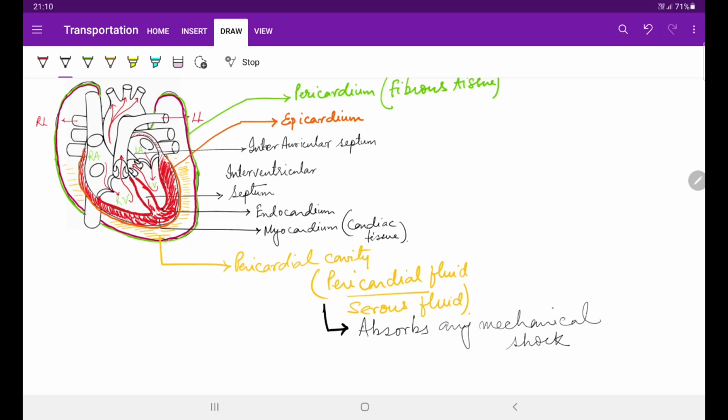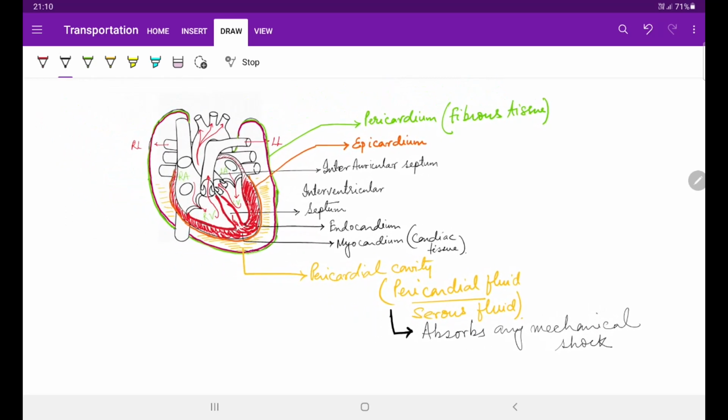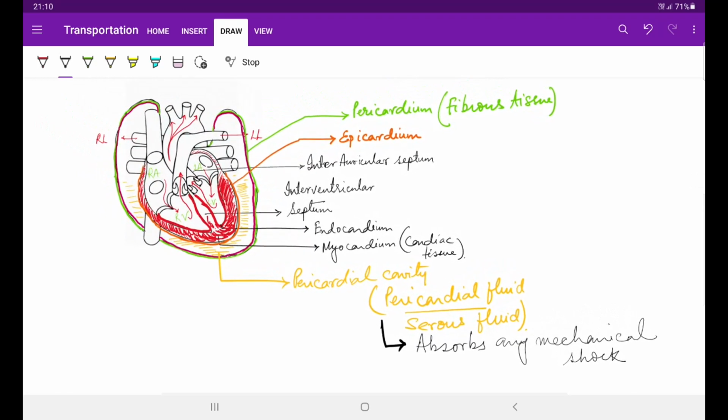So these were the layers and the chambers of the human heart that we have discussed in this video.